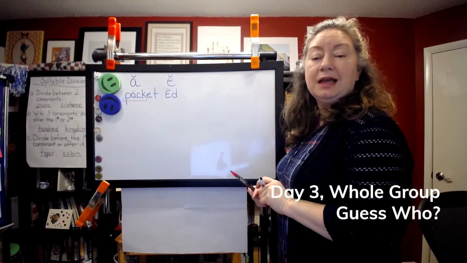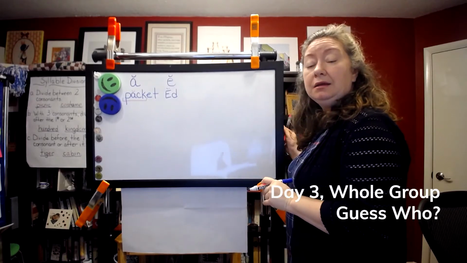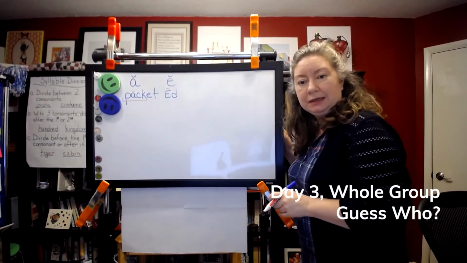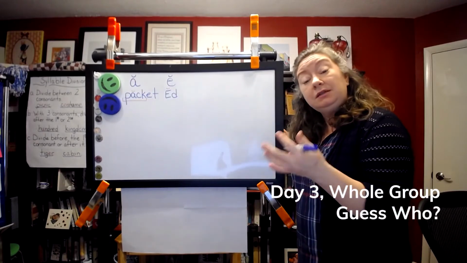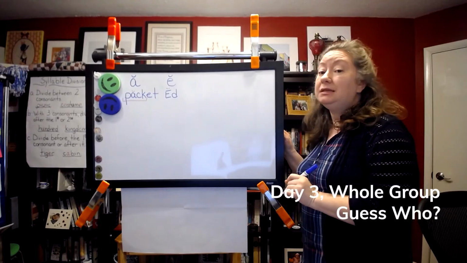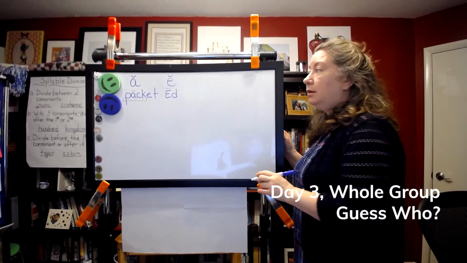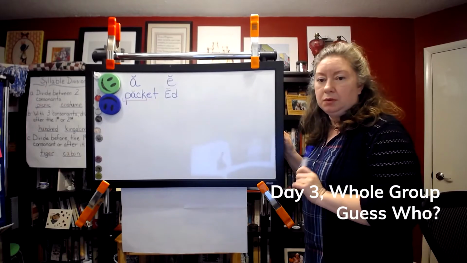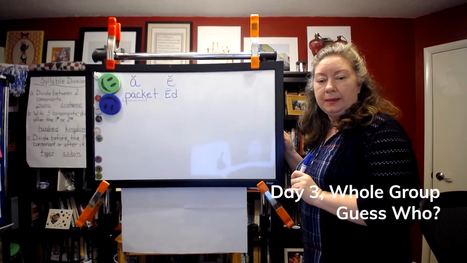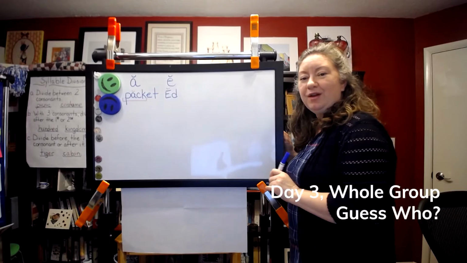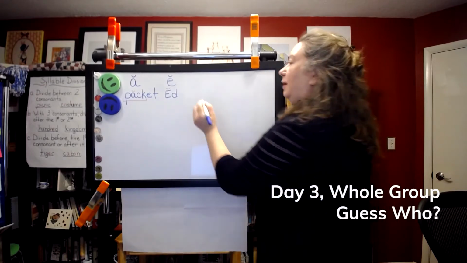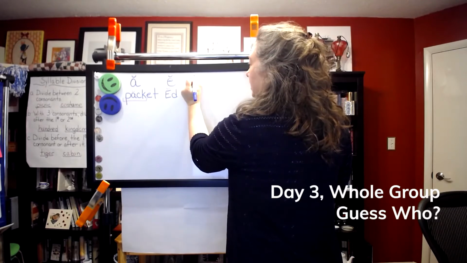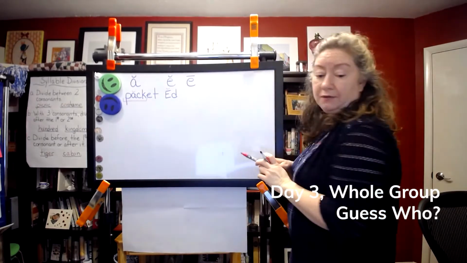All right, next sound is E. I want you to write as many ways as you know to make the E sound. But make sure at least one of them is E as in an open syllable. So E in an open syllable is just the E making the long vowel sound.